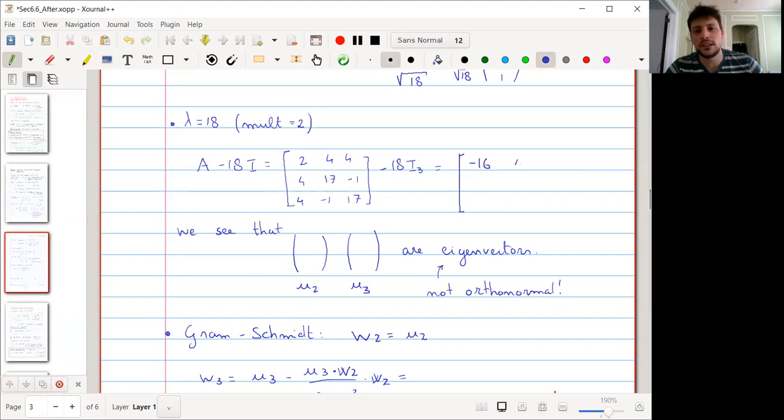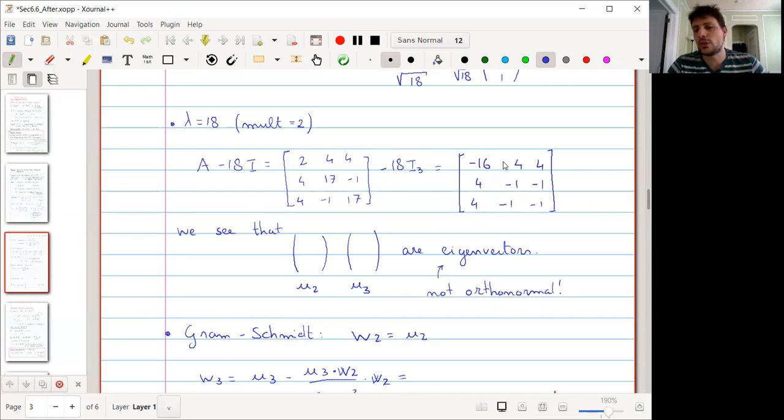So it's negative 16, 4, 4, 4, minus 1, minus 1, 4, minus 1, minus 1. Now we want to find vectors in the null space of this matrix.